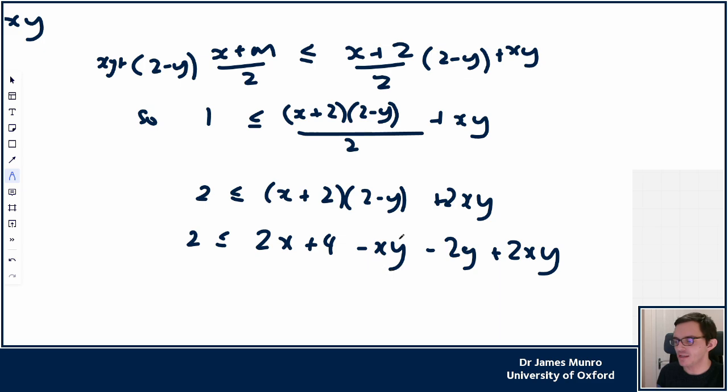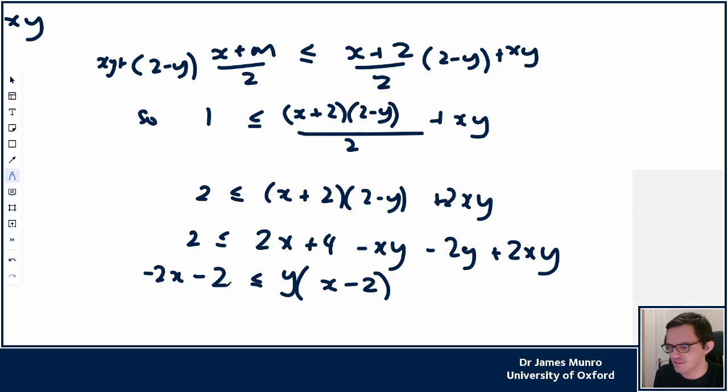I'm going to keep my y terms on the right. I have x minus 2 of them, and I'm going to move the remaining x terms onto the left hand side. I've got subtract 2, I've got minus 2x minus 2. That's a bit unpleasant, but I suppose I wanted some minus signs anyway because this x minus 2 is a negative number at the moment.